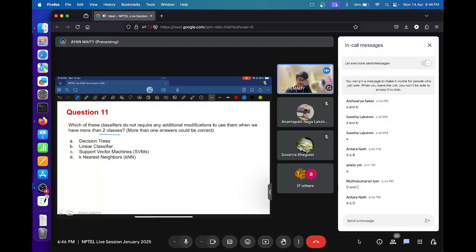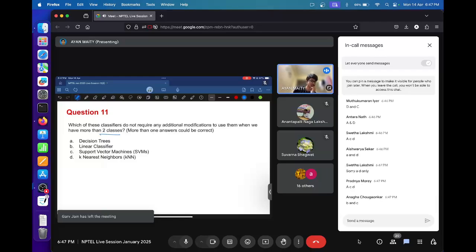Muthukumaran Iyer says D and C. Sweta Lakshmi says A, C, D. Asperia Sekhar says A and D. Sweta Lakshmi says A and D only.